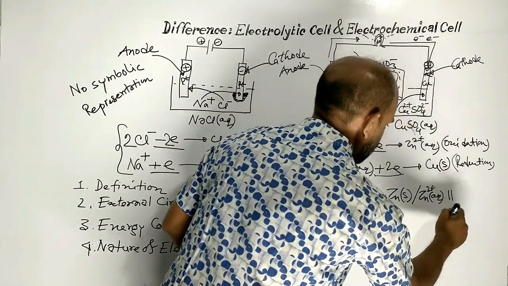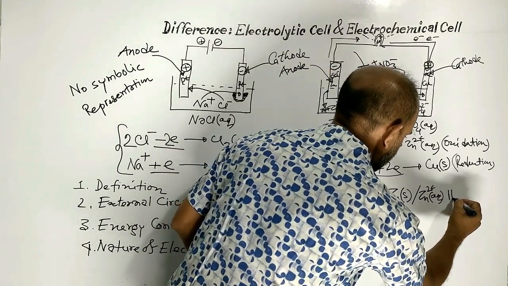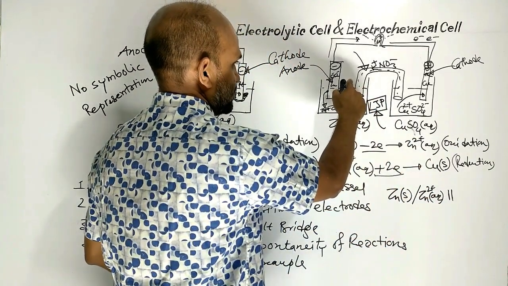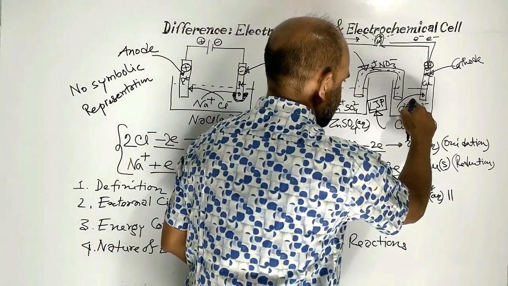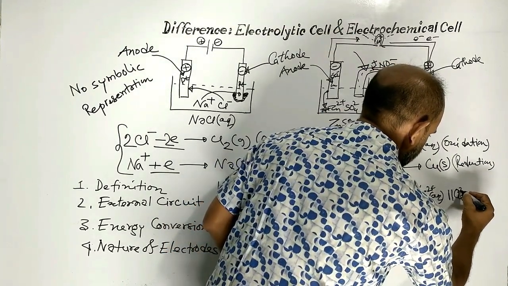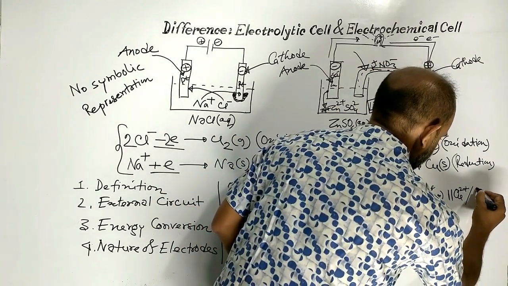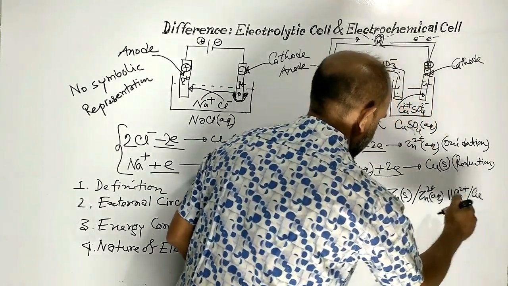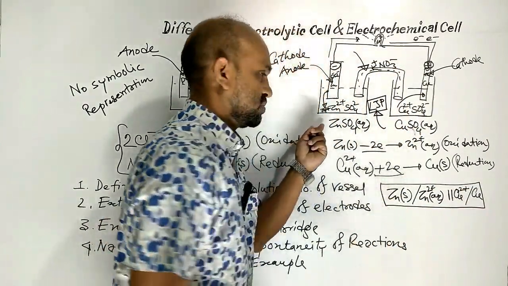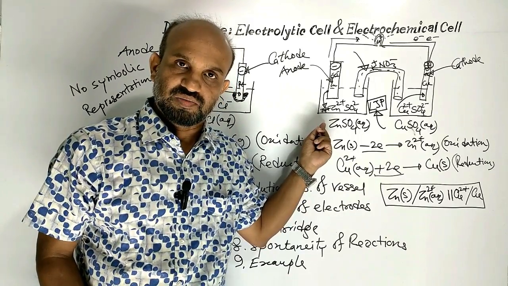Here, two parallel lines indicate this salt bridge, and the right compartment is symbolized in this way. Electrolytic solution and electrode. This is symbolic representation of this electrochemical cell, this Daniell cell.